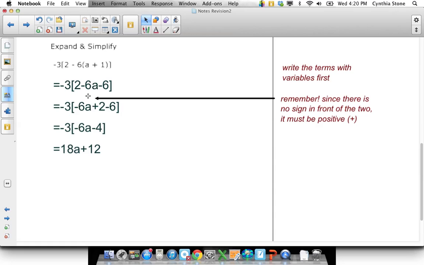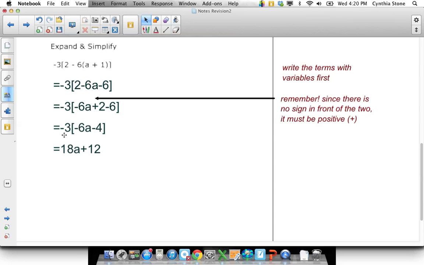So nothing has changed, right? The minus 6a goes here, the 2 comes here, and the minus 6 stays there, okay? And that just is the right form. Then I've got plus 2 minus 6 is minus 4. And then I can't simplify inside the brackets anymore. So once the square brackets, I've done as much simplifying as I can.